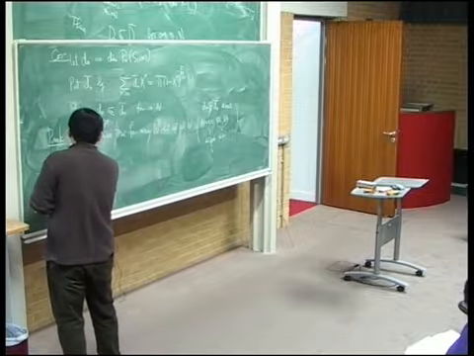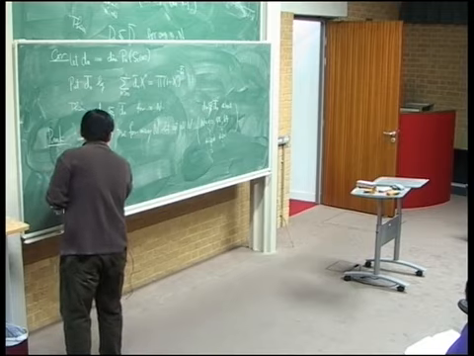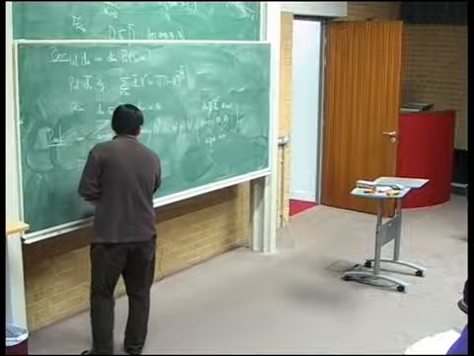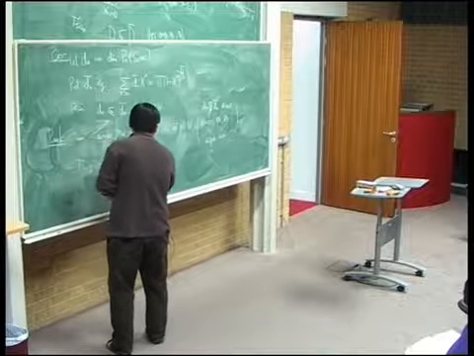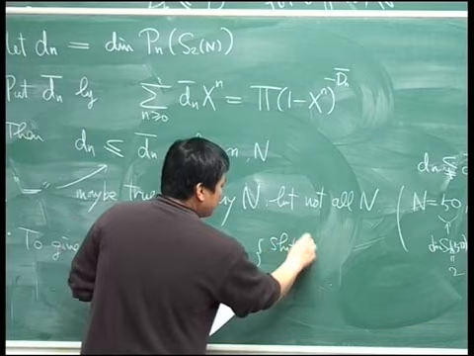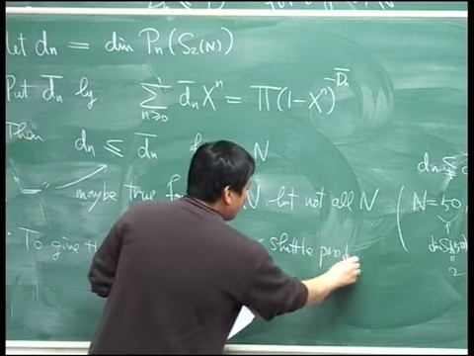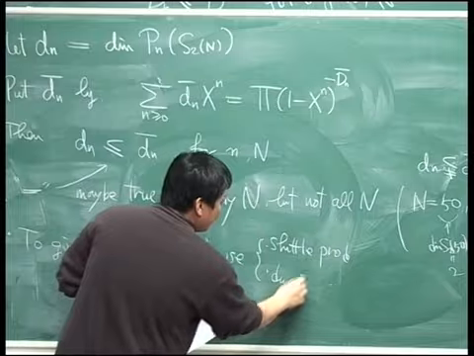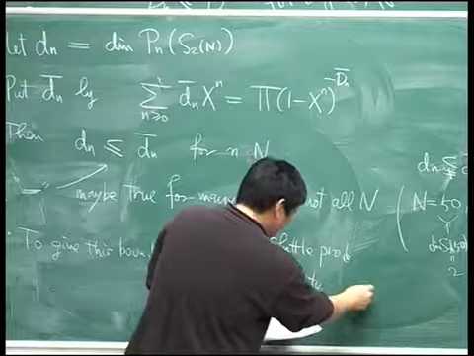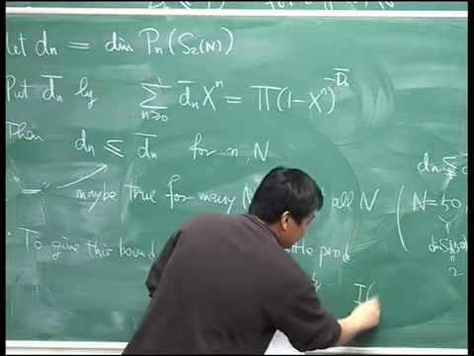So to give this bound, I only use shuffle product and duality coming from the Fricke involution.